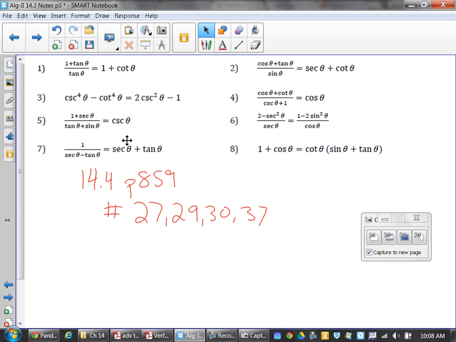A couple of them already have the same trig function built into them. I think there's only 2 of them that you actually have to switch some stuff around on to make it work. I'm not going to lie to you.